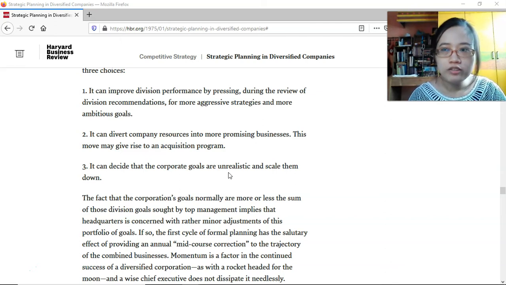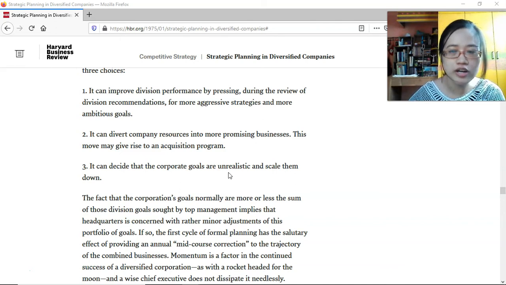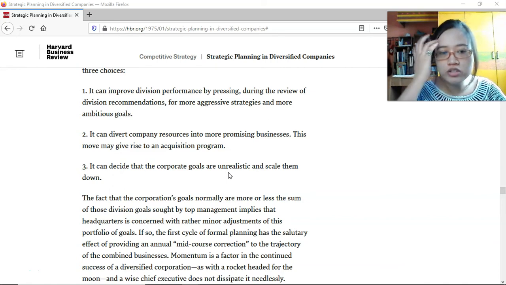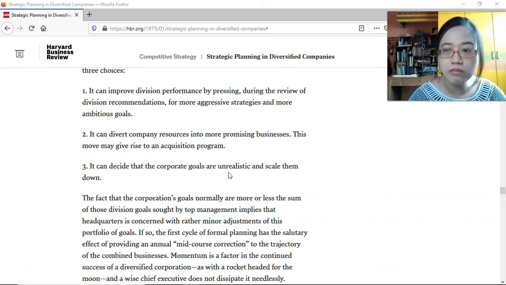Okay, one thing to note, ito yung planning process pa lang. Kaso over the years, meron kasi mga companies, di ba? Planning process pa lang yan, you have your implementation, and then the latter part, you have your review or evaluation, right? Large companies, normally, they do provide incentives, bonuses, tipong ganon, when a division or a functional area or these managers are able to achieve their goals and objectives.